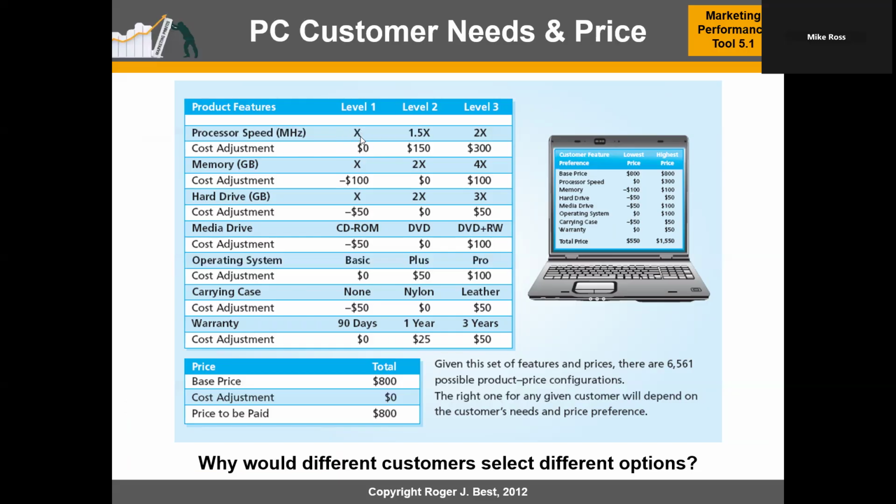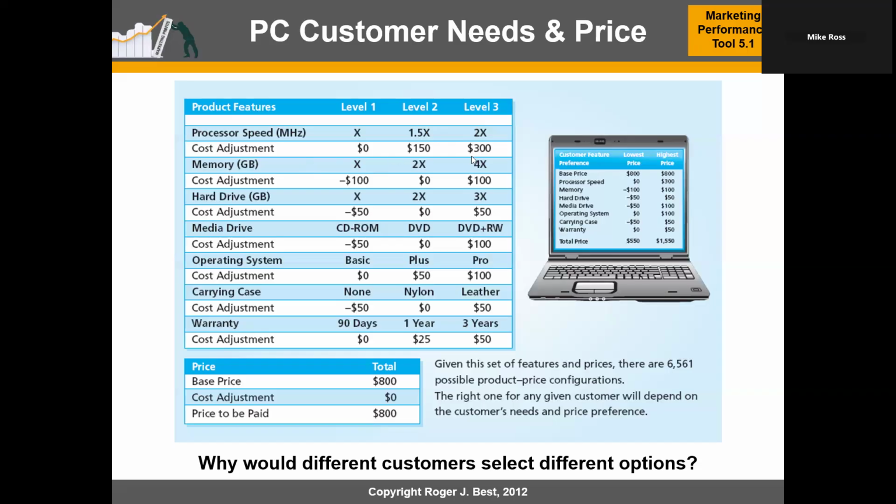And so we might say, well, what would be the differentiators? Well, maybe price is more of a dominant issue, and so I'm willing to have slower speed, less memory, smaller hard drive, more basic operating system, and so on, as opposed to a segment that is less price sensitive, and so they want more benefits.